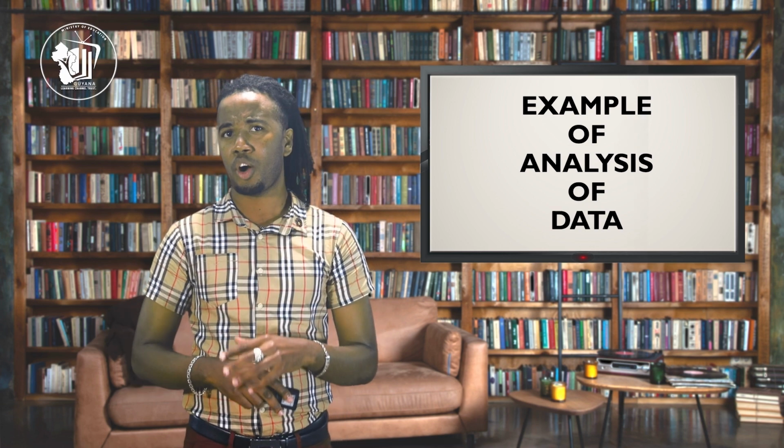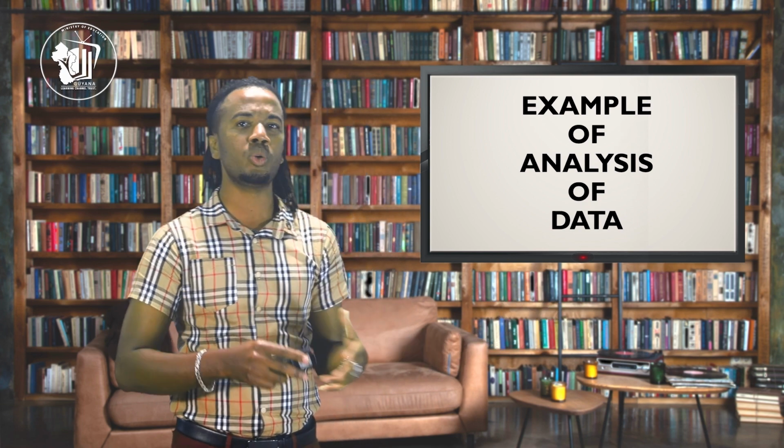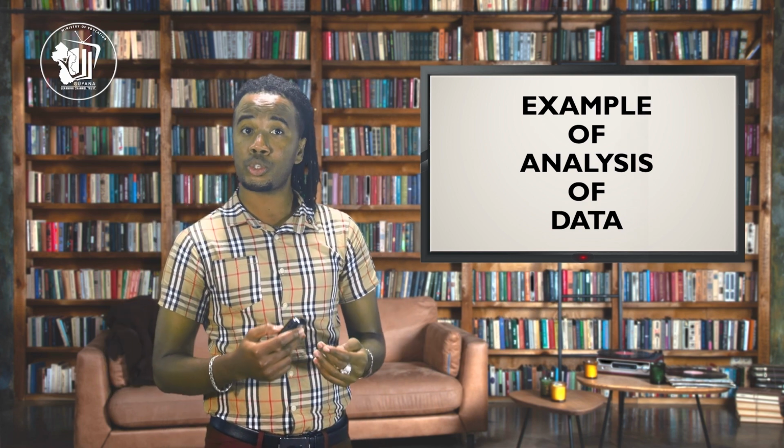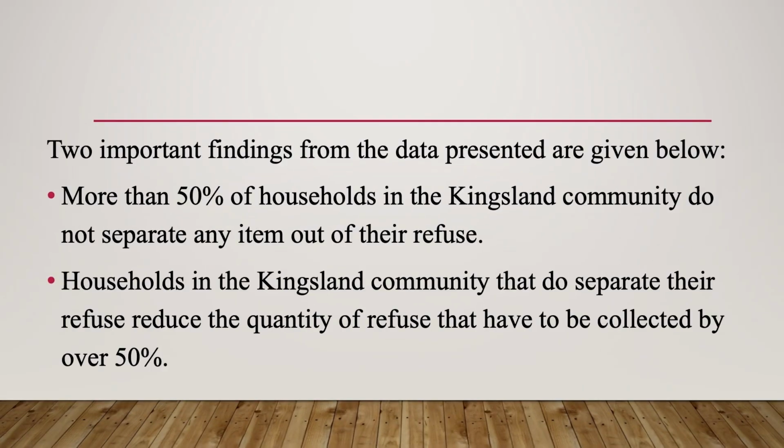Now, to end off our analysis, looking at the screen here, we have an example of how to end the analysis. So it reads, and you can read with me, 2 important findings from the data presented are given below. So here we now would have listed our findings, and remember that these findings must be based on the data that we would have collected.